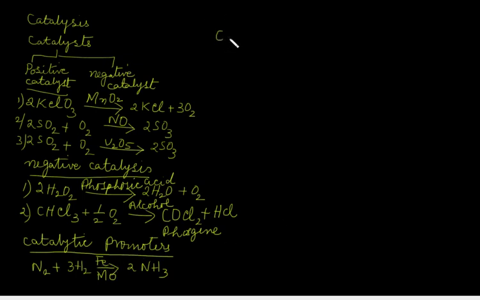Similarly, catalytic poisons. They are certain chemicals which, when present along with the catalyst, reduce or retard the reaction. We will take the same reaction.